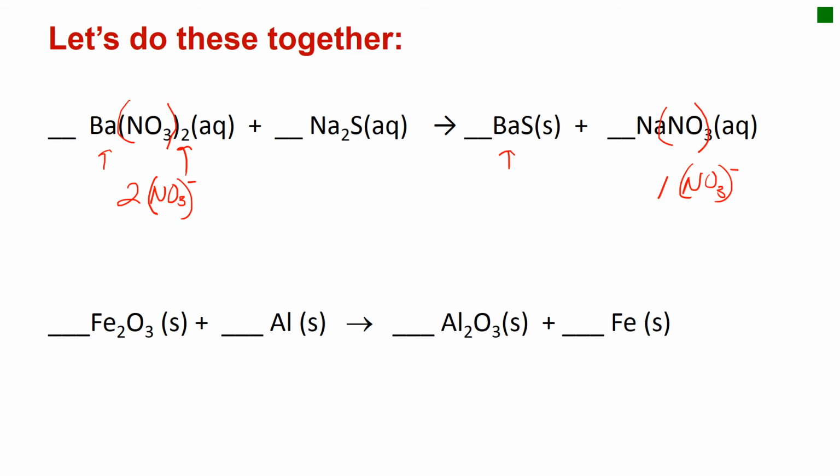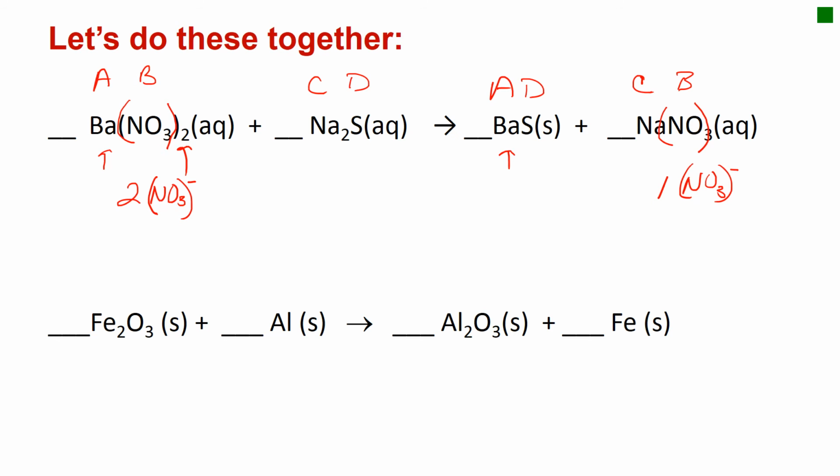And if you recognize this top one as a double replacement, AB, CD goes to AD plus CB, you'll recall that the polyatomic ions are not going to split up.